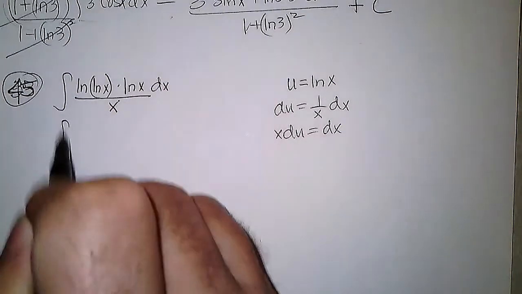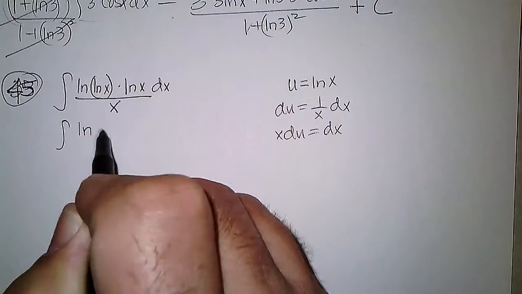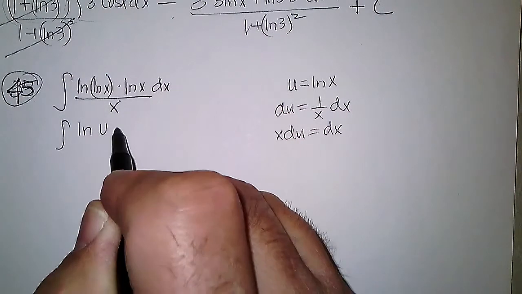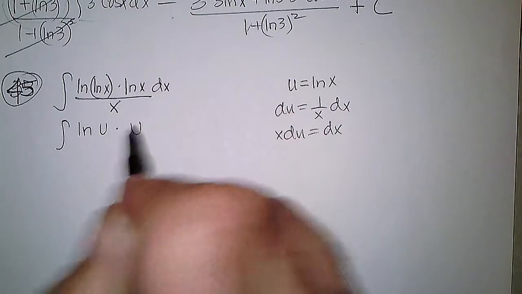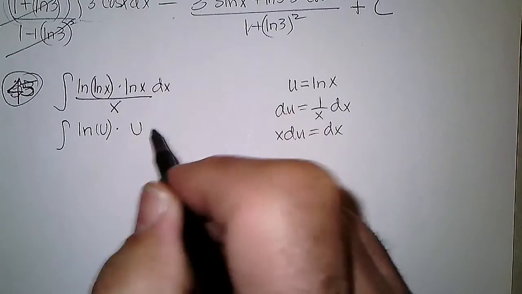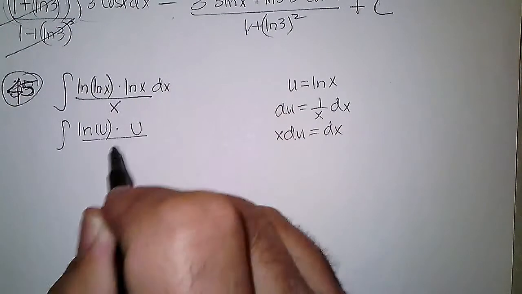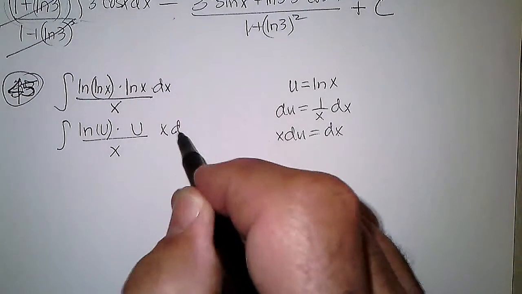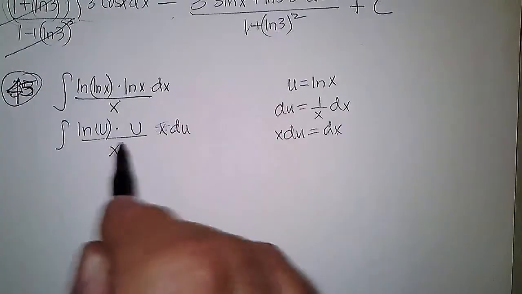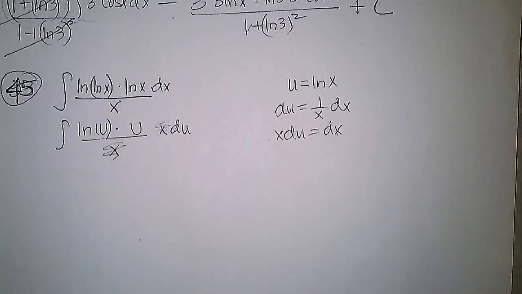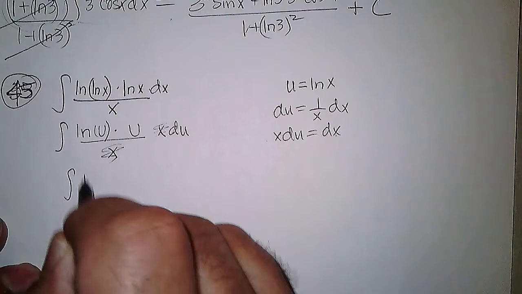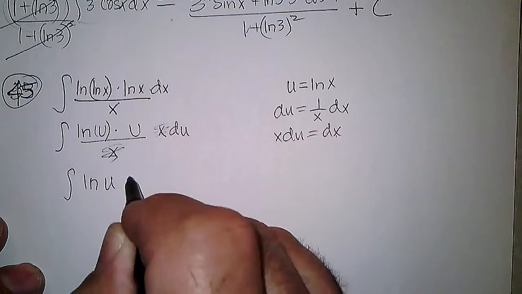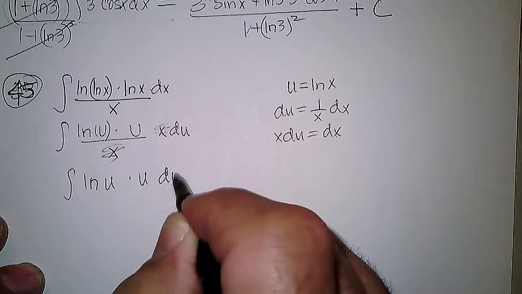So this becomes the integral of ln u times u over x, and dx is x du, and the x's cancel. So now we have the integral of ln u times u du.